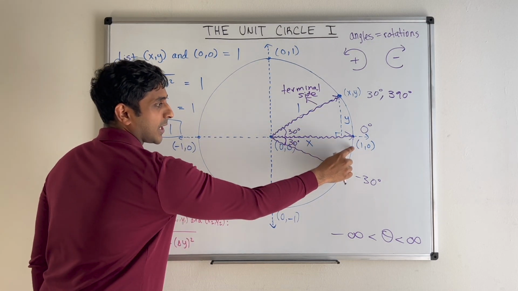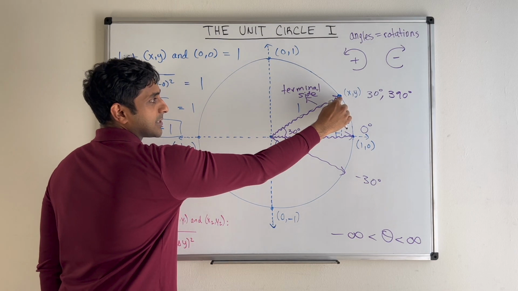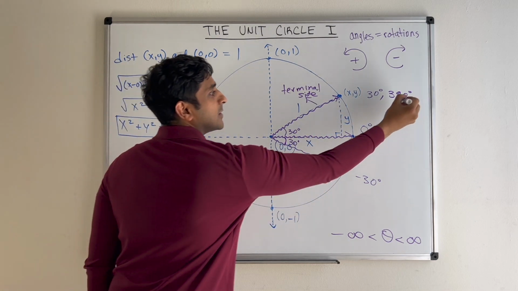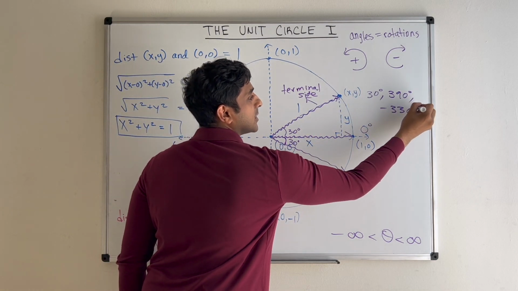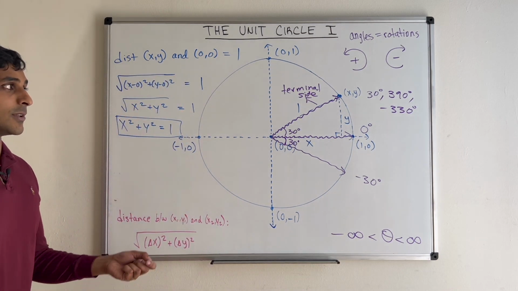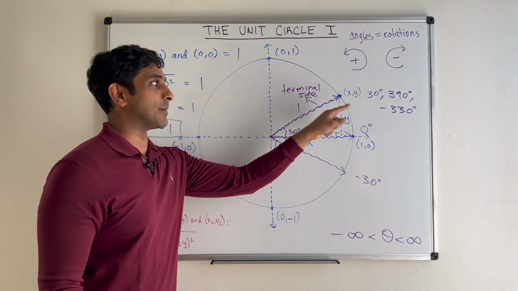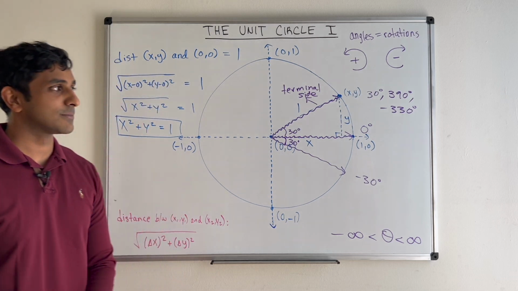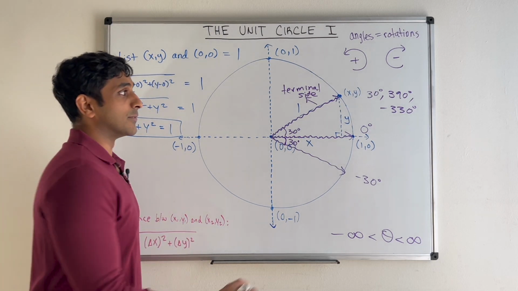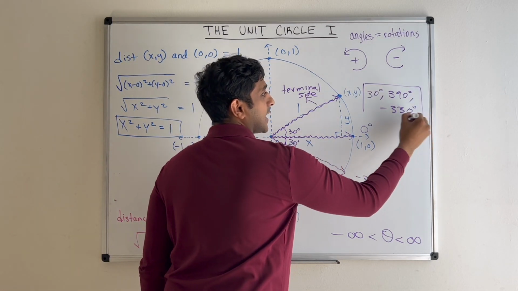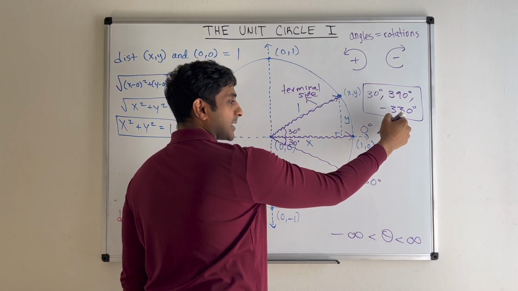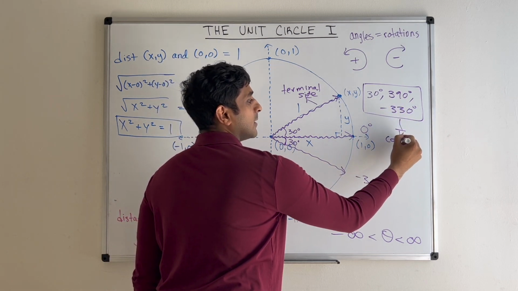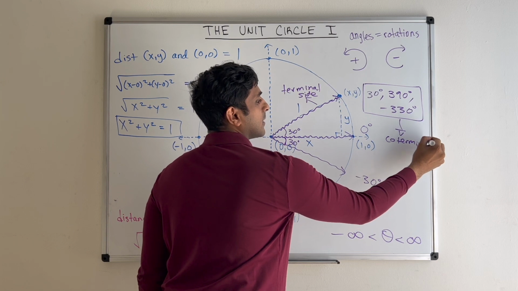Well, you would have to rotate 330 degrees this direction, and you would get to that same position. So negative 330 degrees is another angle that has a terminal side which is the same as 30 degrees and 390 degrees. One way of describing this is to say that 30 degrees, 390 degrees, and negative 330 degrees are what we call coterminal angles.